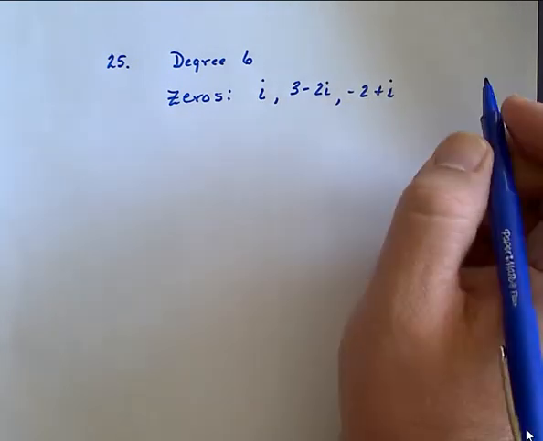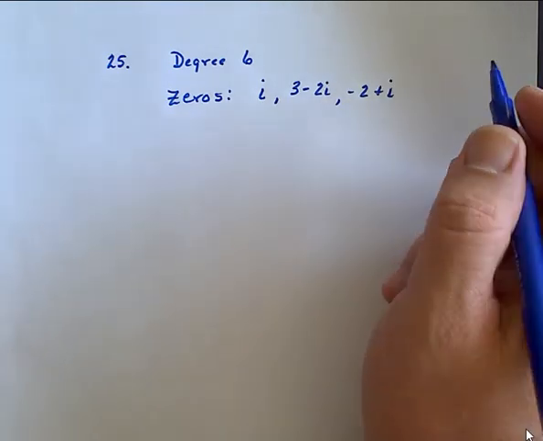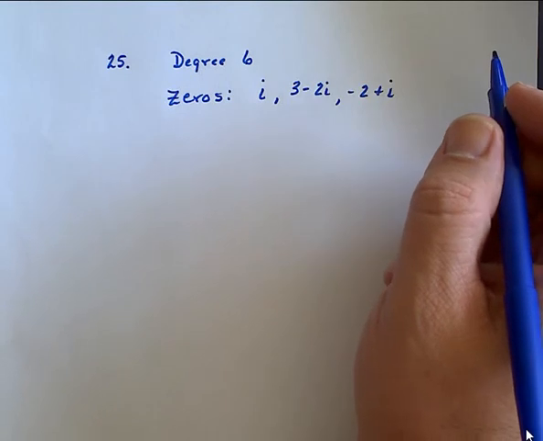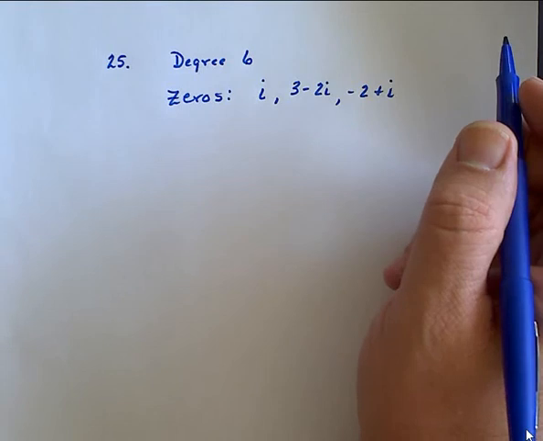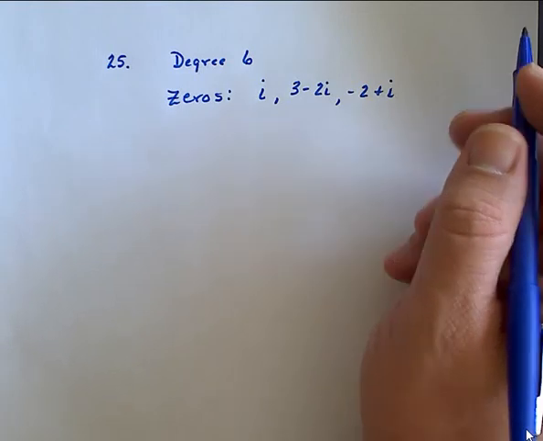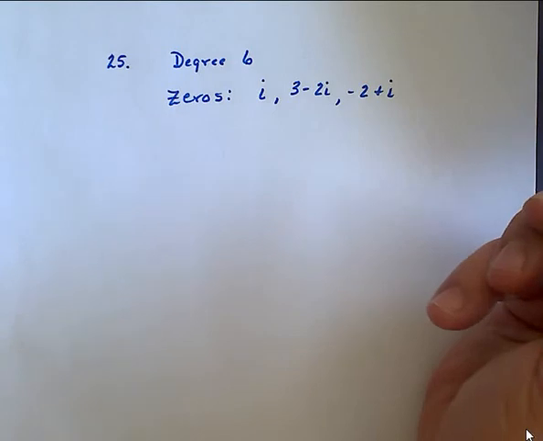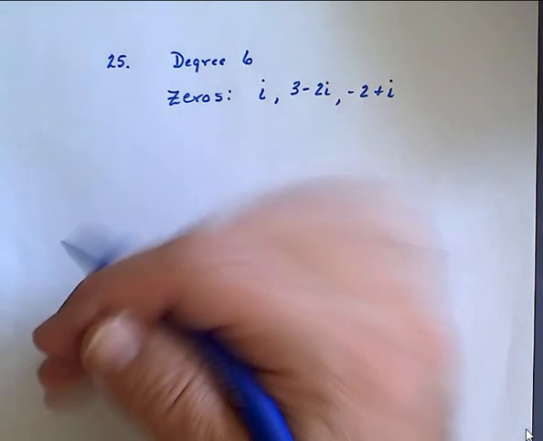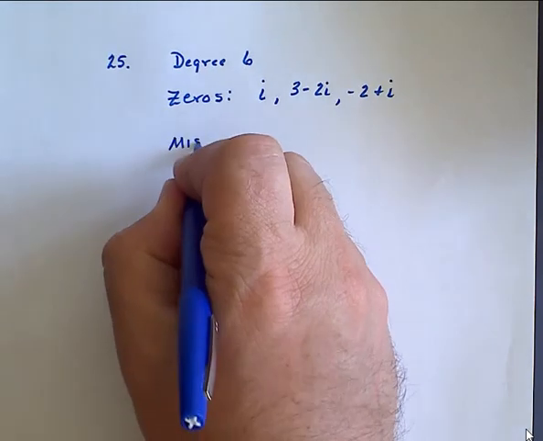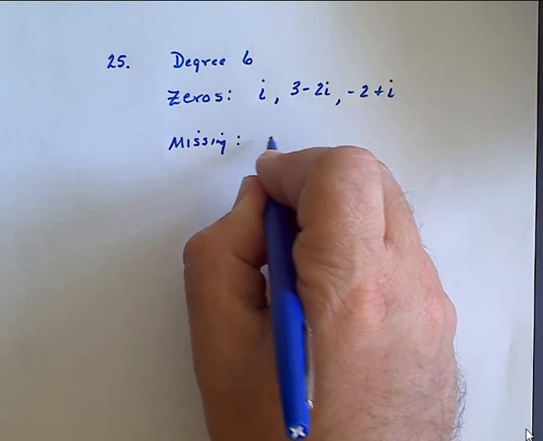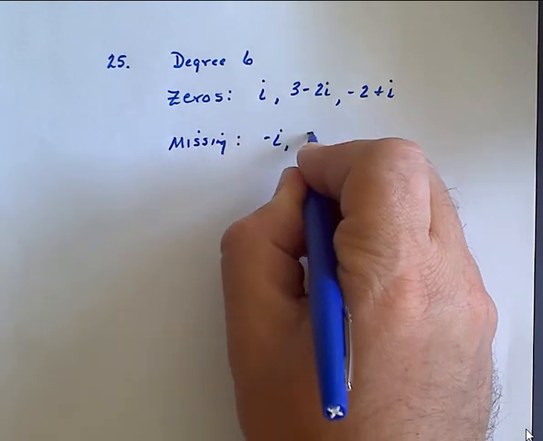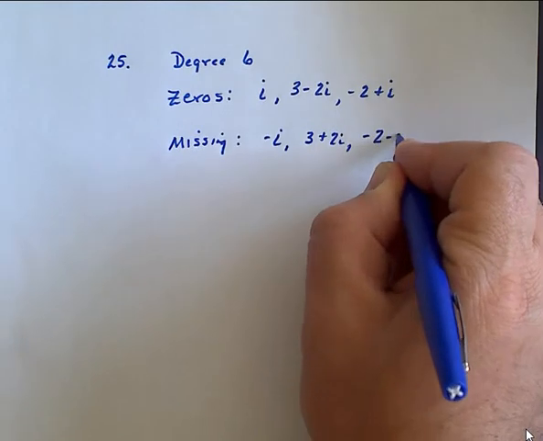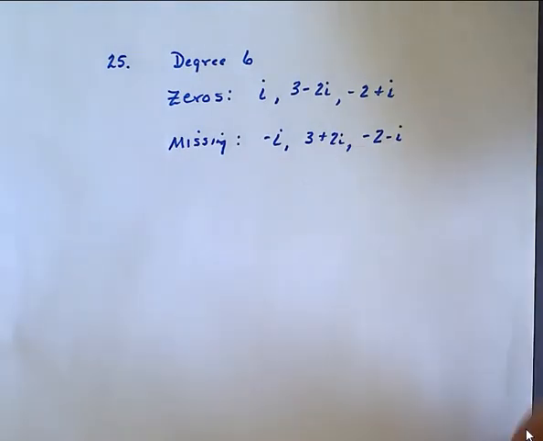They've given us 3 of them, and all of them are complex. None of them have their conjugates listed. So when it says find the remaining zeros, all I've got to do is mention the conjugates of each. If these 3 are given, then my missing zeros are negative i, 3 plus 2i, and negative 2 minus i. So there's the first part of it.